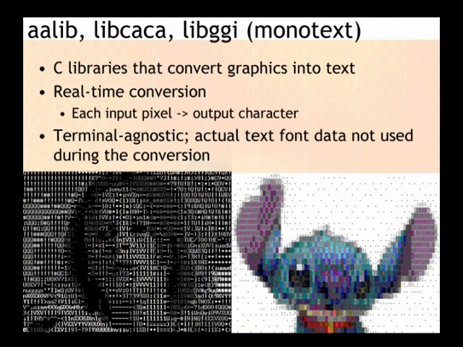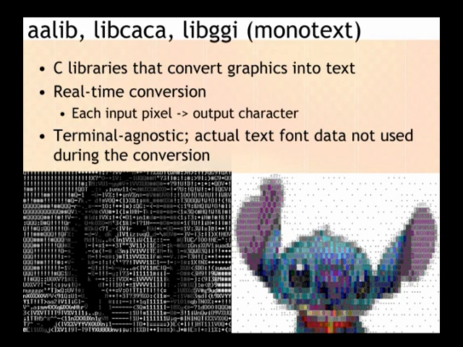And another comparison is, people have accused me of using AAlib or libcaca or the monotext module of libggi. These are C libraries that started in Unix and eventually got ported to DOS and Windows that convert graphics into text. But they use a completely different method. They're meant to be real-time conversions, something you plug in. There are versions of VLC and MPlayer and other Unix players that can play video through these things.